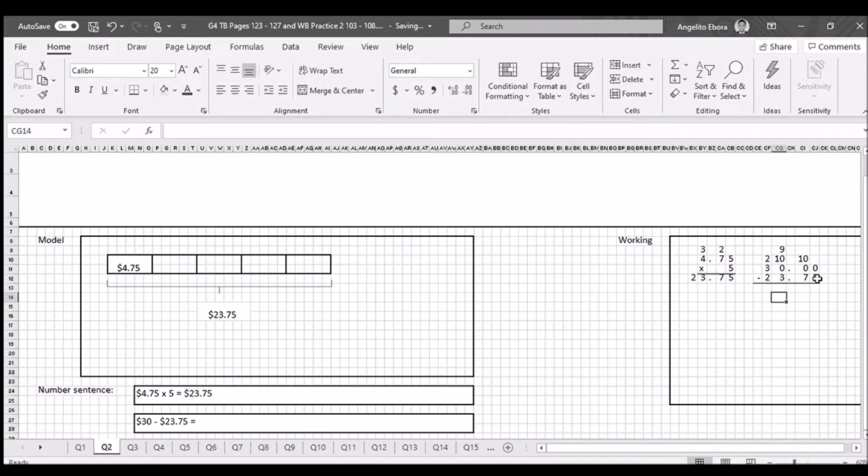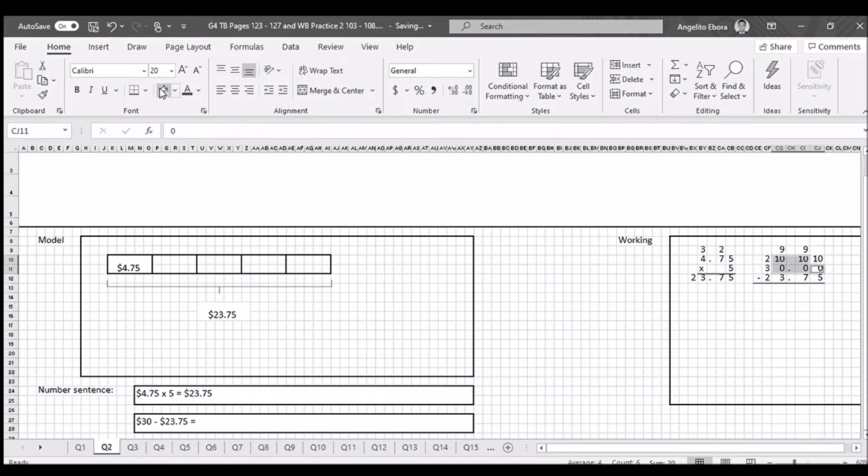Okay, and that's the time that we can regroup these two places. Okay, so this will become 9 and this will become 10. When we subtract with zeros, make sure you regroup them one by one, okay, so that you know the concept. So all of this, we're not going to use anymore because we regrouped them already.